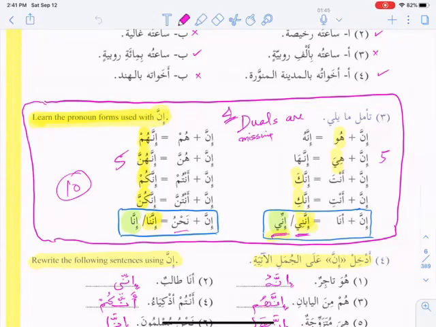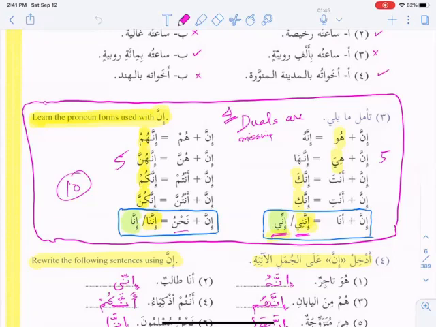Ismu inna is always mansoob. If I say inna Allah, who made Allahu into Allah? Inna. So Allah becomes ismu inna. Inna Allah alimun. So alimun becomes the khabar inna.